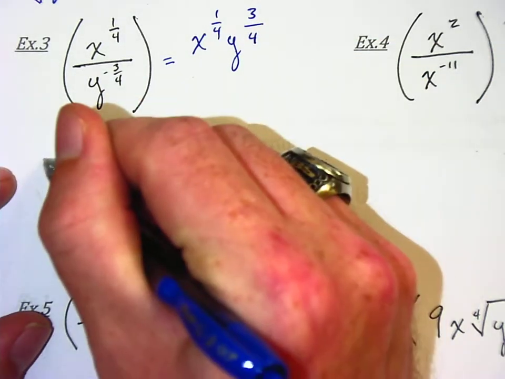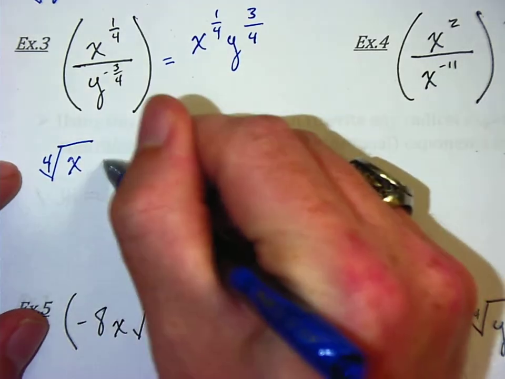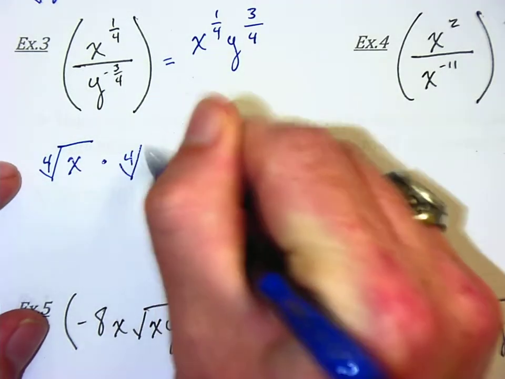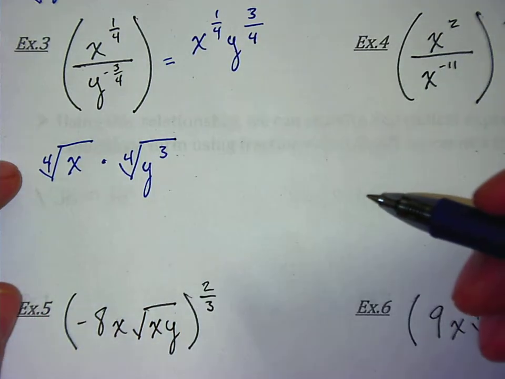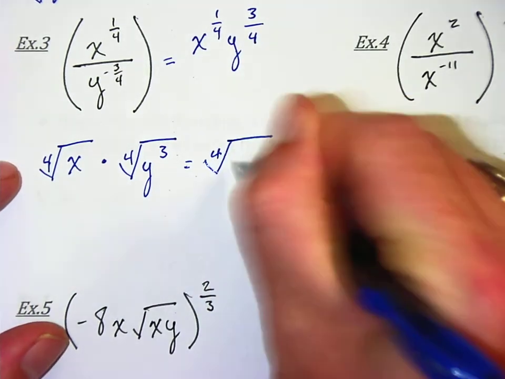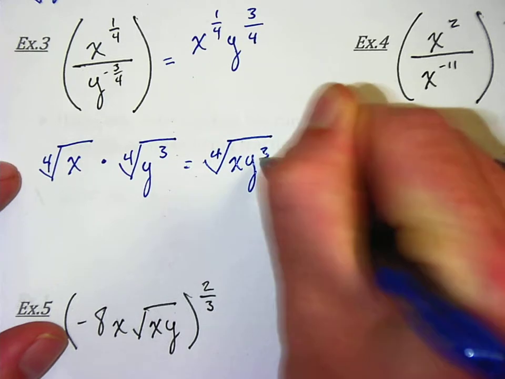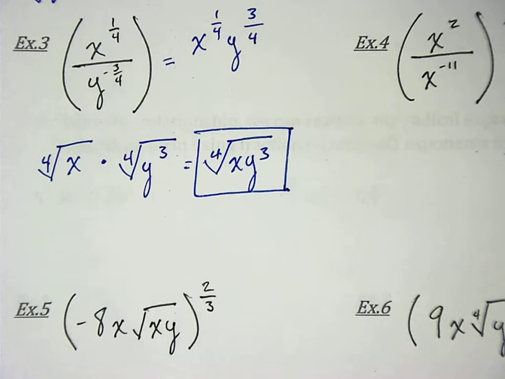Okay, so it would be the 4th root of x to the 1st times the 4th root of y cubed. And now I can combine these and get the 4th root of x, y cubed. So if you can't combine them one way, convert it to the other and see if there's any luck there.